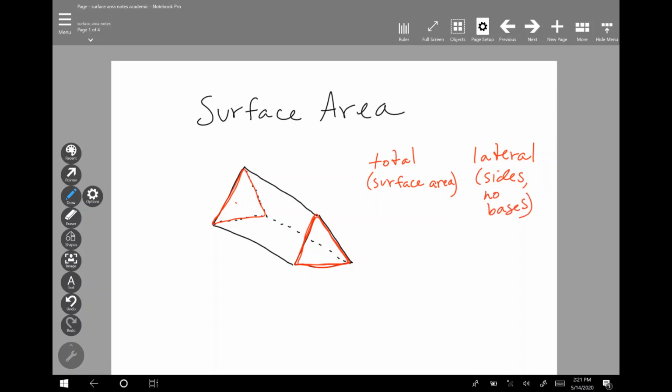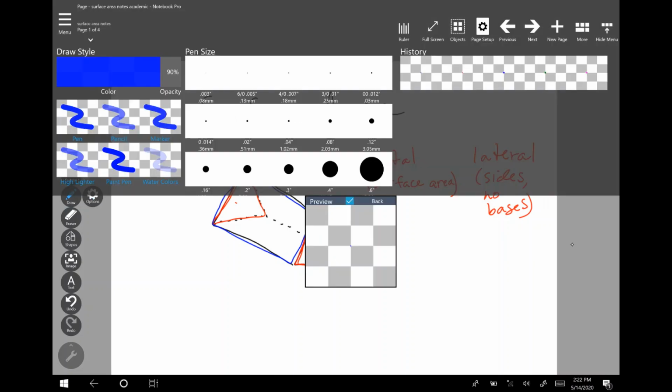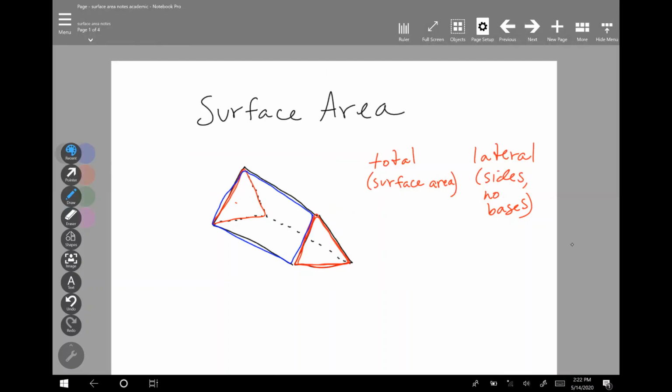Okay, so if I was going to find the total surface area on this triangular prism, I would have to find the area of the two triangles here, and then I'd also have to find the area of these three rectangles here. There's one in blue, here's the one that's sitting on the bottom there in green, and then also this one in pink.